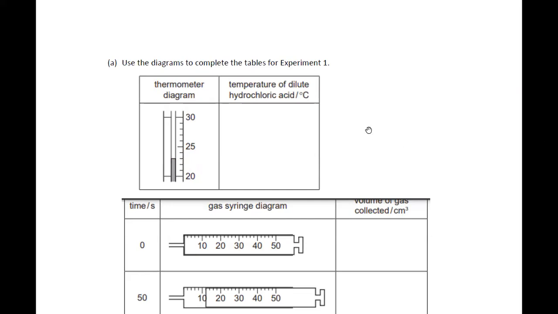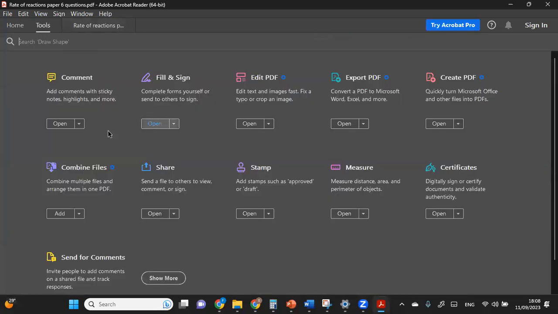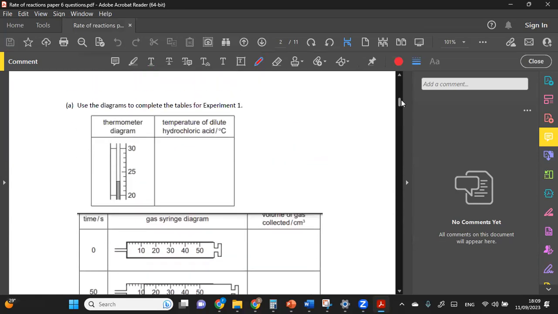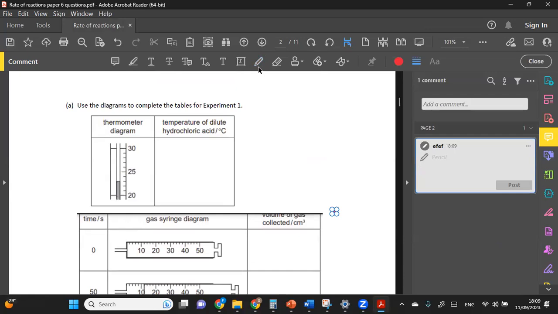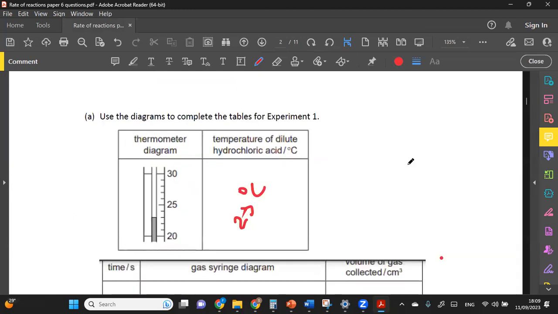Our temperature for the acid over here is 23 degrees Celsius. We don't have to write degrees Celsius because it's mentioned at the top, but fine. Let's say 23 degrees Celsius.